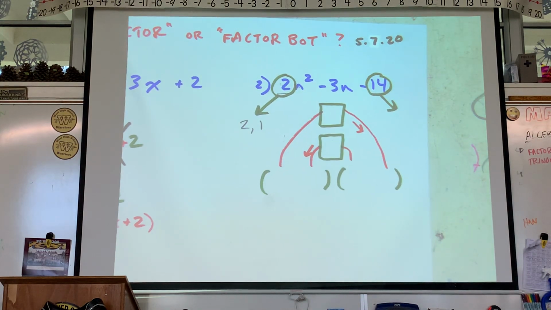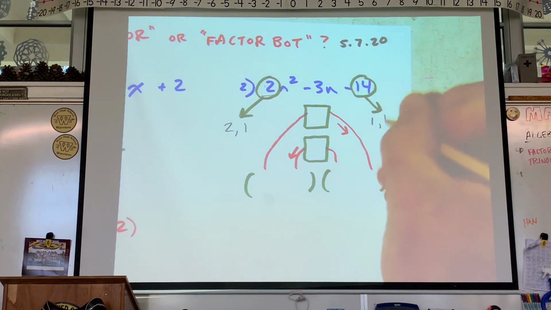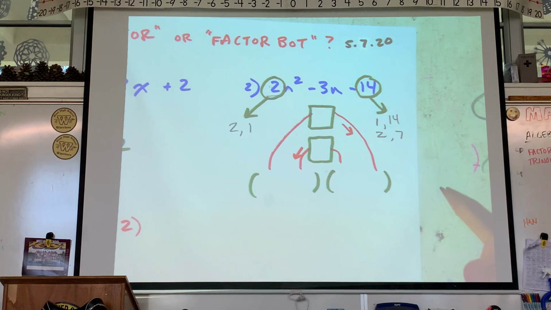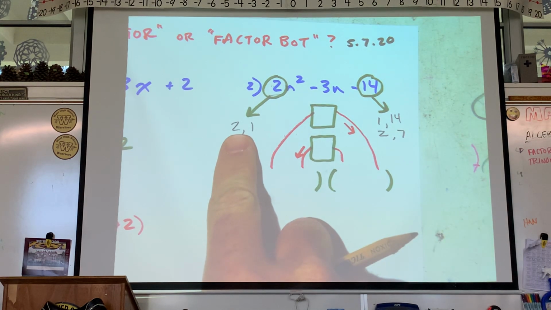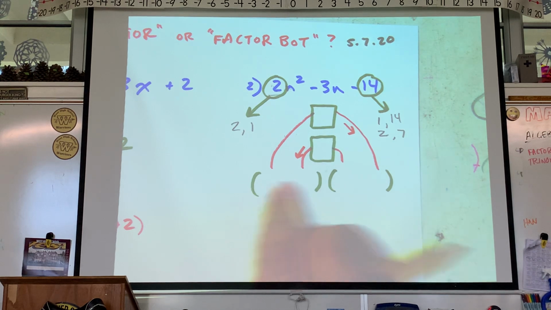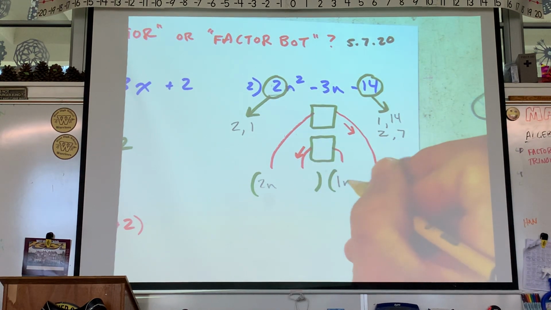2 and 1, okay? Factors of 14: 1 and 14, 2 times 7. Since there's only 2 here, these are my firsts, 2 and 1. I'm just going to put 2n and 1n right now.